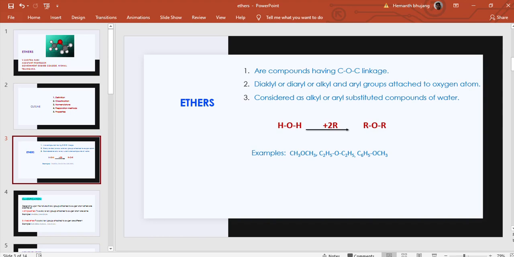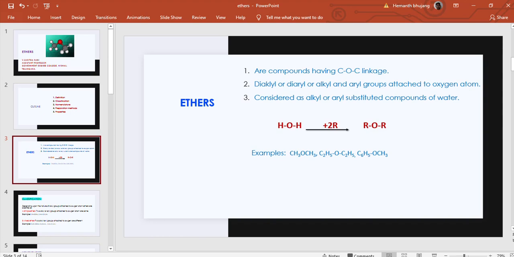Here are the examples: CH3OCH3, where both are alkyl groups. C2H5OC2H5, both are alkyl groups, that is ethyl groups. In this example, on one side we have an alkyl group, that is a methyl group, and on the other side a phenyl group, which is the aryl group. In this way we can have a number of ethers.